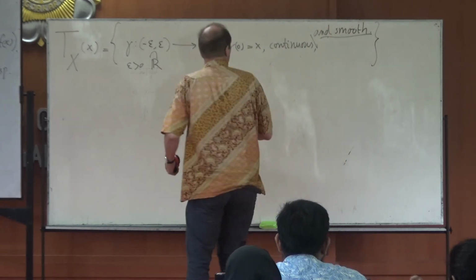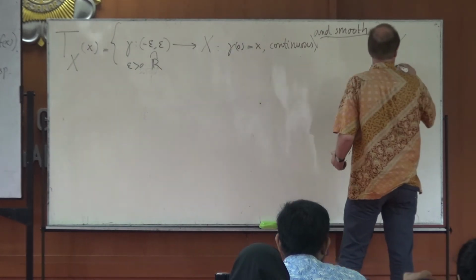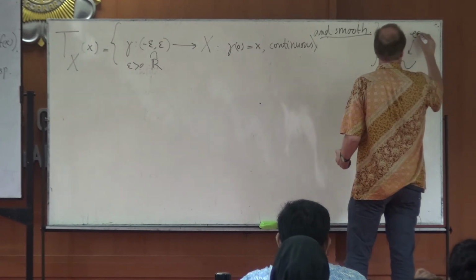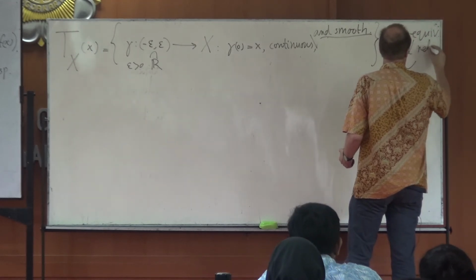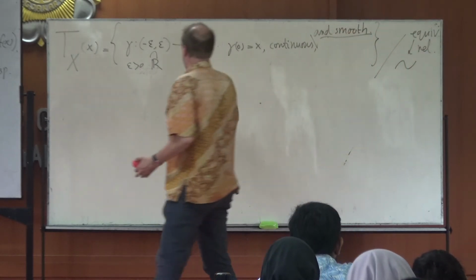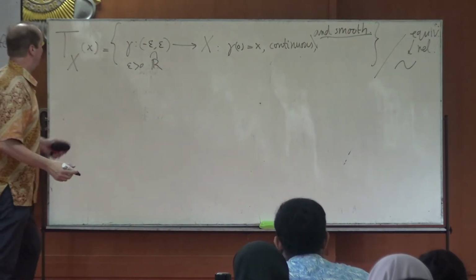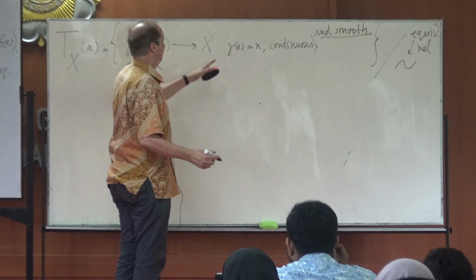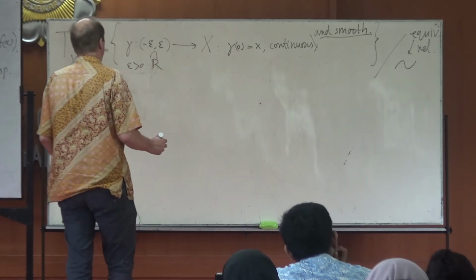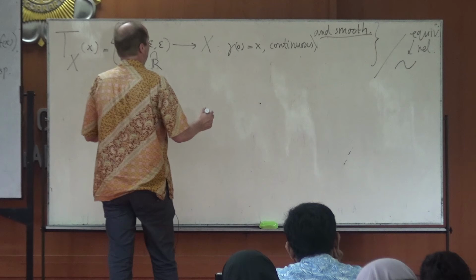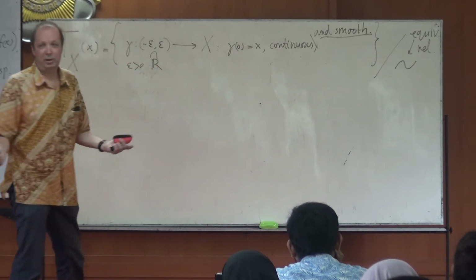I want to divide out by an equivalence relation. So let me do it like that. This is an equivalence relation. So I take these smooth curves that send 0 to x, and each of these smooth curves defines, what do I want to say? I want to say when two of them are equivalent.